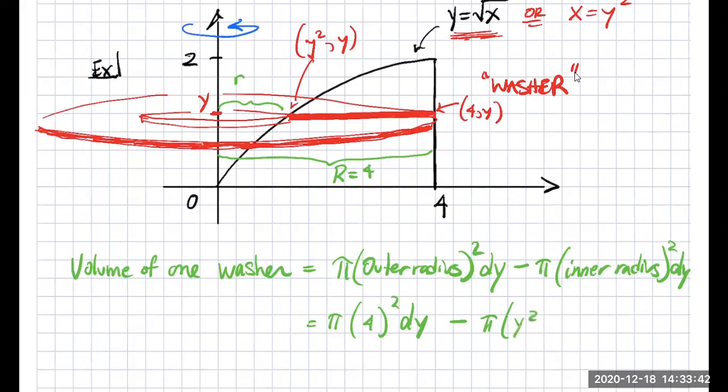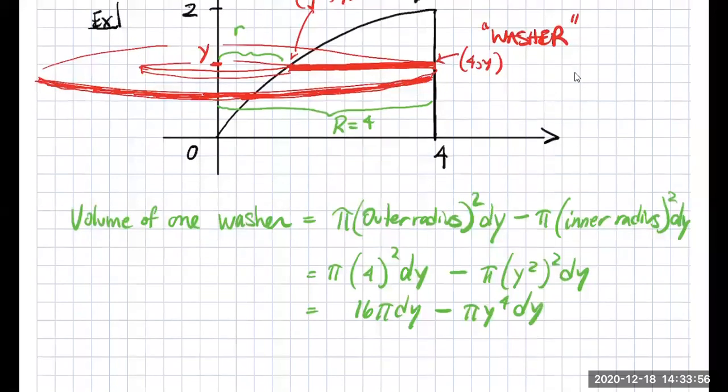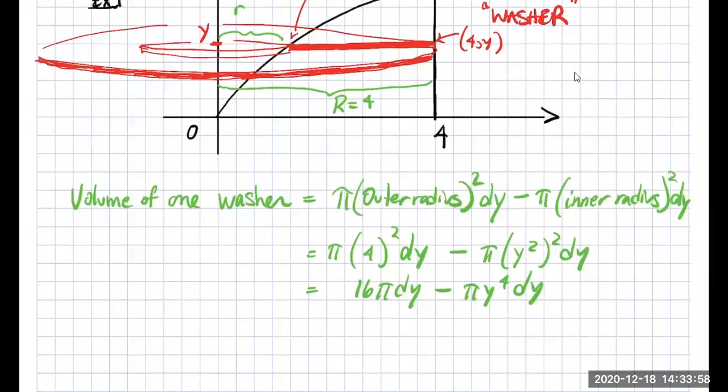Very good. I'll clean that up a little. And the next thing I'll do, gang, just in the interest of time, I'm going to factor out the pi, because it's a common factor, and the dy as well.